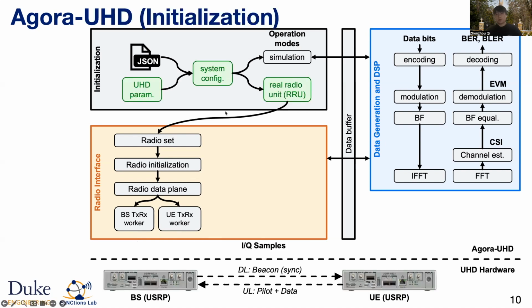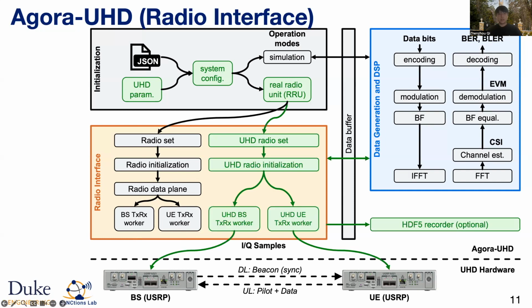Similar to Agora, Agora UHD takes a JSON format as input, which includes the configuration parameters of the physical layers, such as the signal bandwidth and the frame schedules. It also takes the UHD parameters for the USRP radio hardware, such as the carrier frequencies, the RF channels, and gains used for the program's initialization.